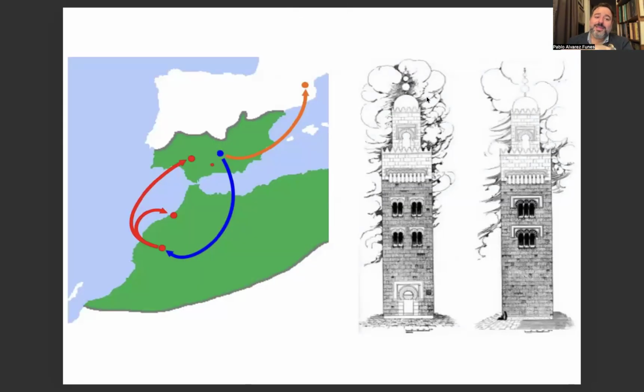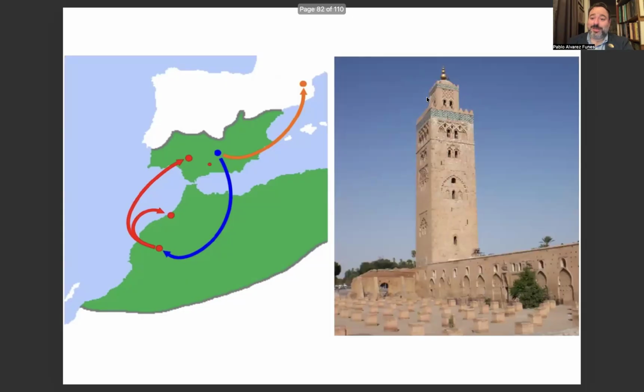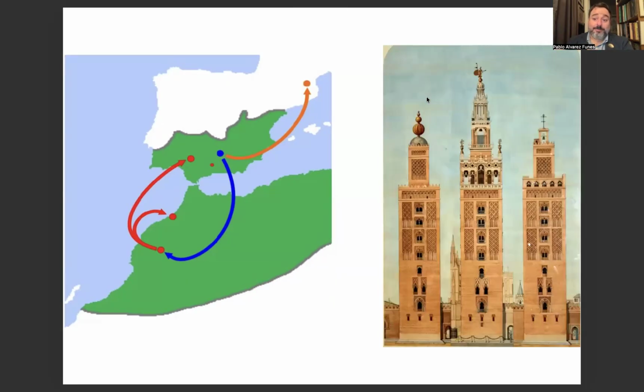This is the reconstruction that he does. And here you can see 3 arrows in 3 colors. We have in blue the original minaret of the Mosque of Cordoba, and then this influence goes to the south, to the Mosque of Hassan and the Mosque of Kutubiyya. And then from there it goes to the Giralda.